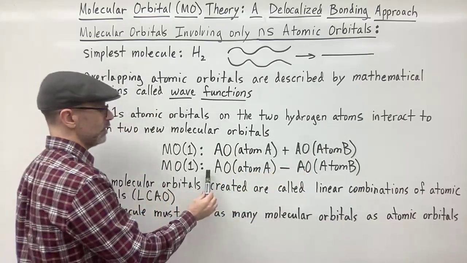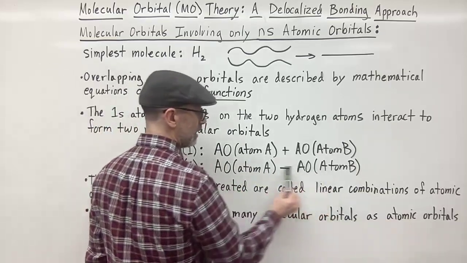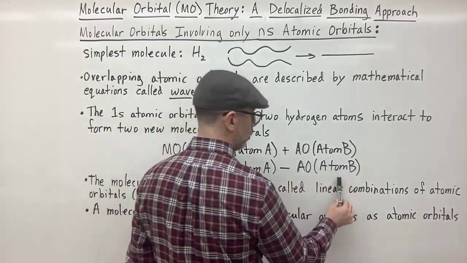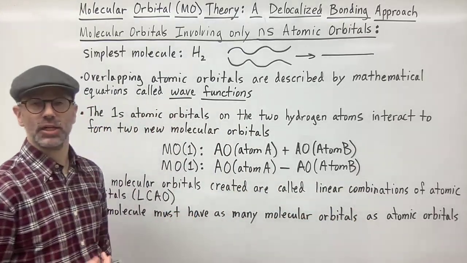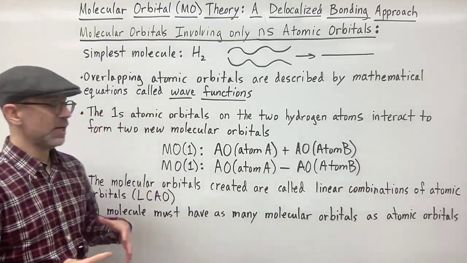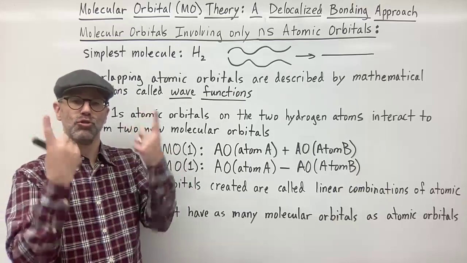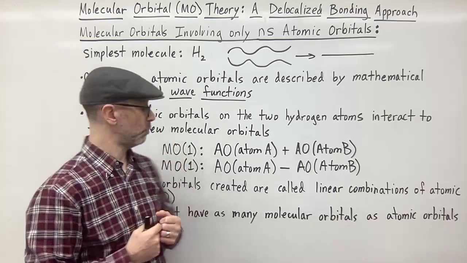And then if you find the difference between the atomic orbital of atom A and the atomic orbital of atom B, you're subtracting, and that would be like the destructive interference. Because you can get the constructive and destructive interference, that gives you two possible molecular orbitals from the two atomic orbitals.